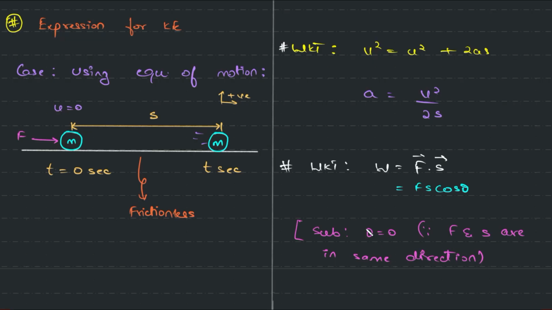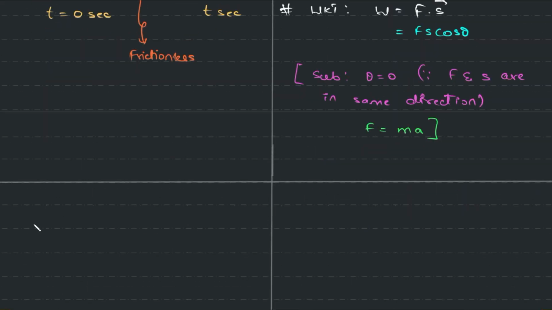Then what else do we need? And that's it. So F is equal to m into a. That also we can substitute. So instead of F, m into a, cos of 0.